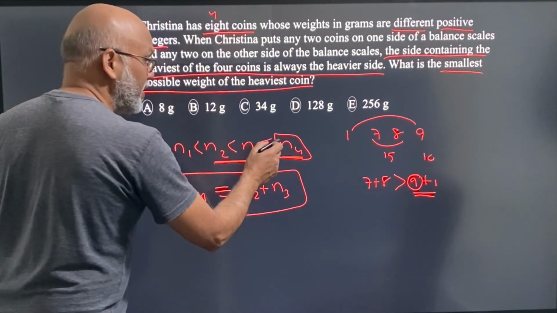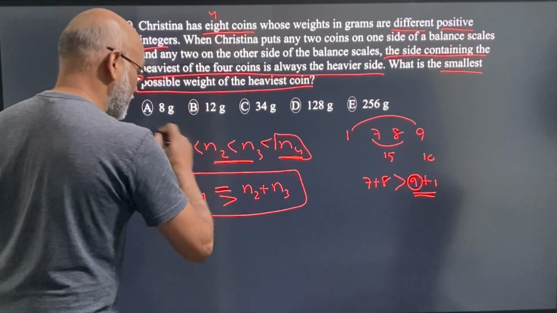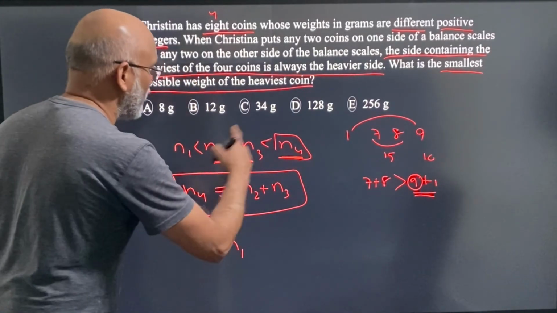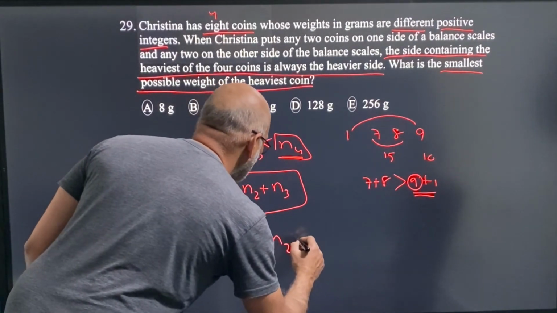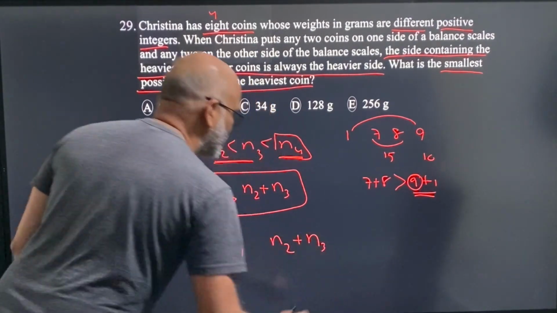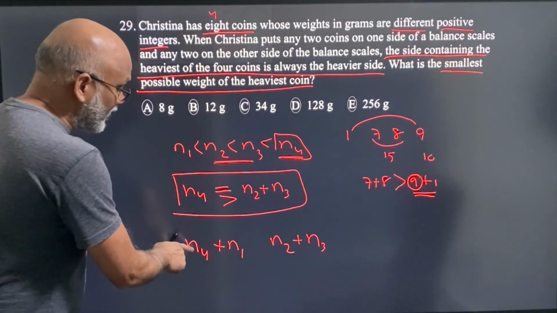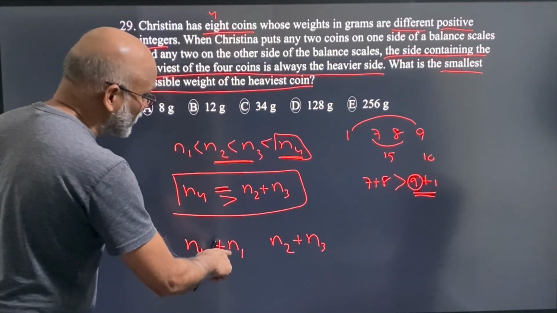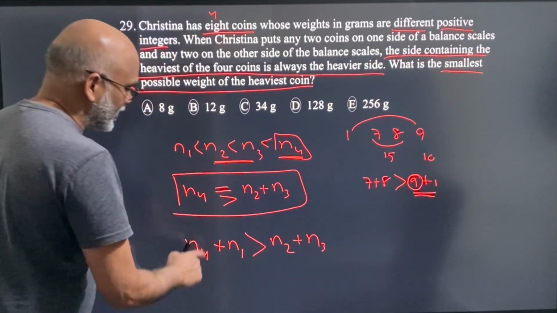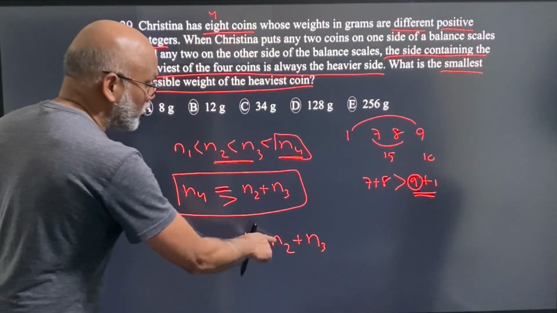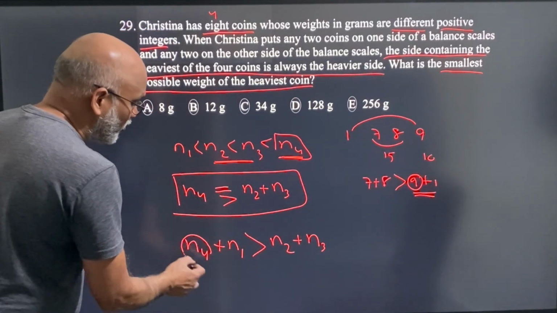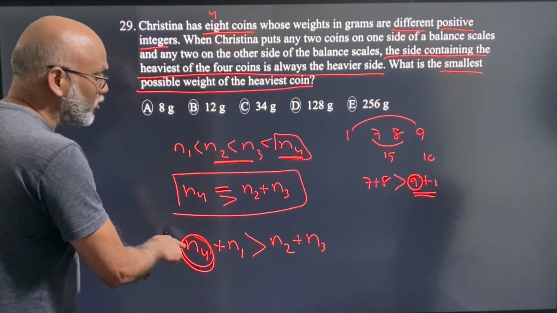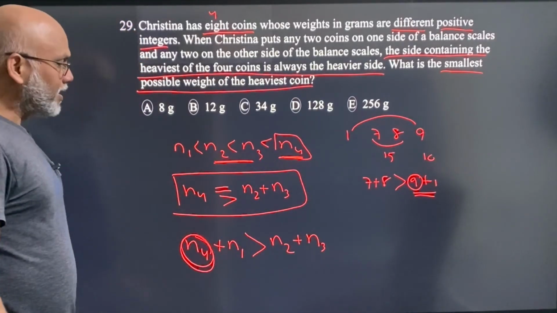Let's say even if I pair the heaviest with the least heavy, so that is n4 plus n1, and on the other side I have n2 plus n3. I know that n4 is at least equal to this, right? And then I am adding another positive number, so it is guaranteed that n4 plus n1 will be greater than n2 plus n3. So the side containing the heaviest element will always be on the heavier side, right?